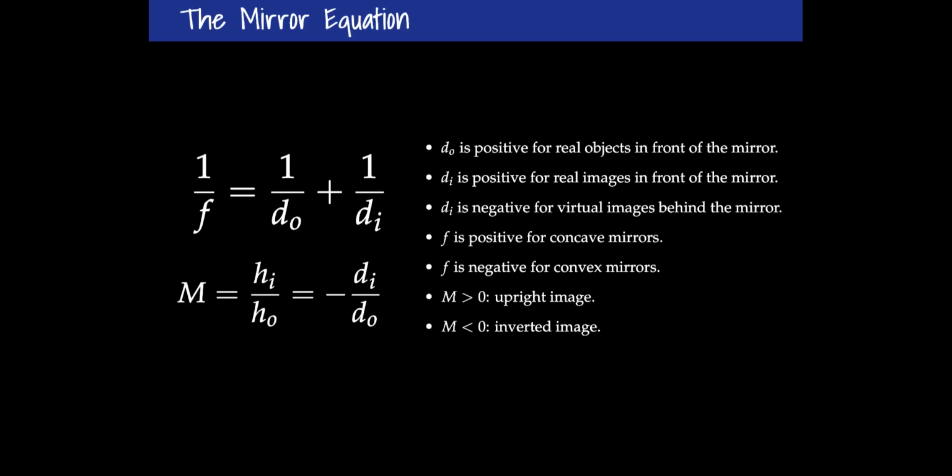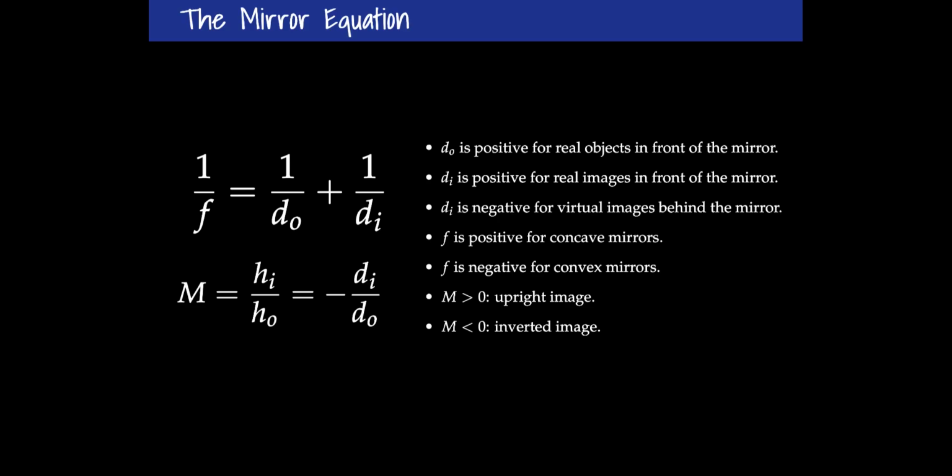Once you get the hang of it, you don't really need a big descriptive list. F is positive for concave mirrors, and that makes sense because the focal length of a concave mirror is on the real side. F is negative for convex mirrors, and that makes sense because for a convex mirror, the focal position is on the virtual side, the negative side of the mirror.